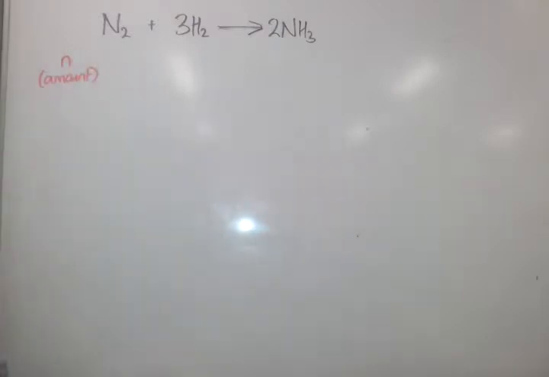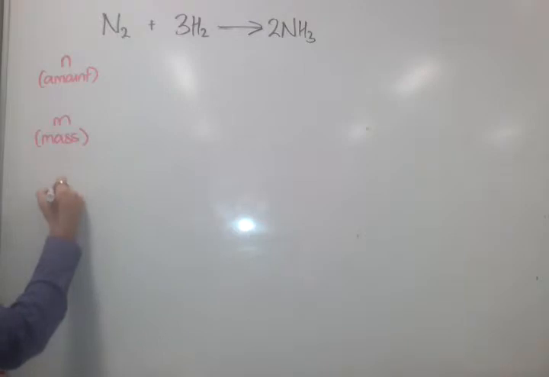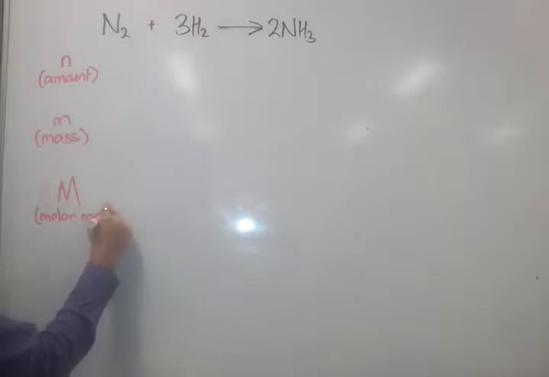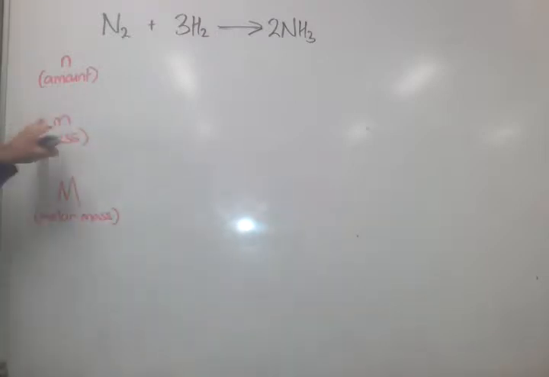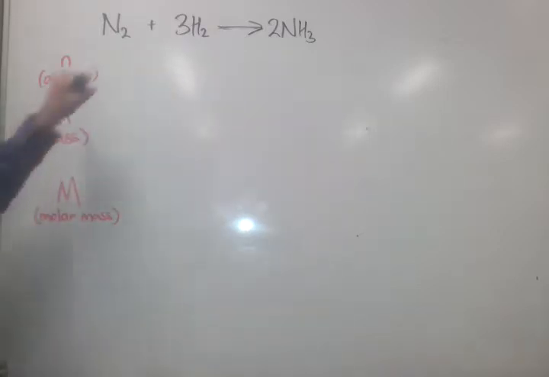Under that, I'm going to put little m for mass, and that's in grams. And then under that, I'm going to put my molar mass. The reason I put this on top of this is because that's the calculation. This divided by this will give me the top one. The ratio here is going to be useful as well.